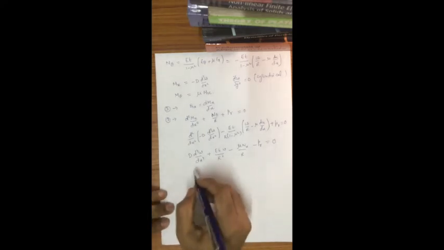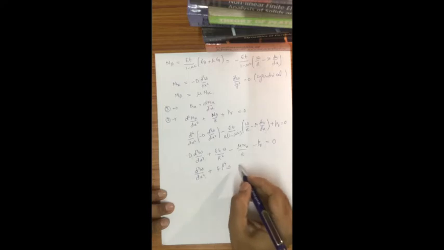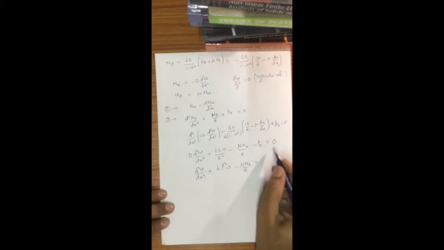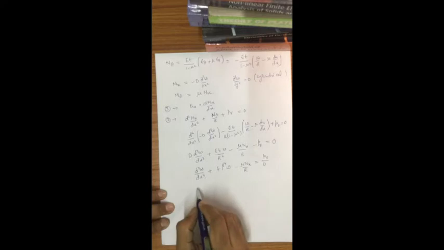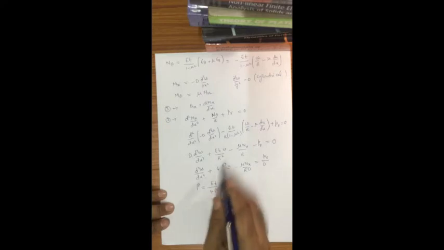Or I can also change this slightly. So what I do is I write it as d4 w by dx4 plus 4 beta to the power 4 w minus mu times Nx by r equals pr, I am taking the D this side, so the D will come down. So here beta to the power 4 is equal to Et divided by 4 r square D. So therefore we get the same equations.